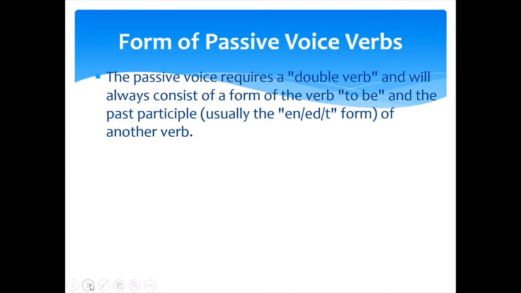The passive voice verbs: the passive voice requires a double verb and will always consist of a form of the verb to be and the past participle, usually an ed or t form of another verb.